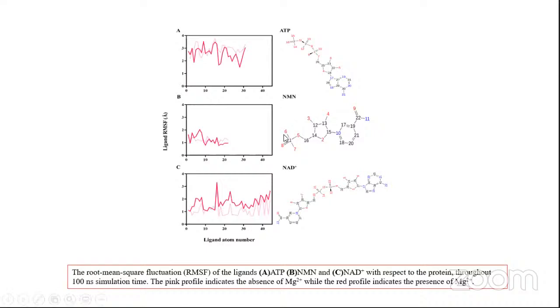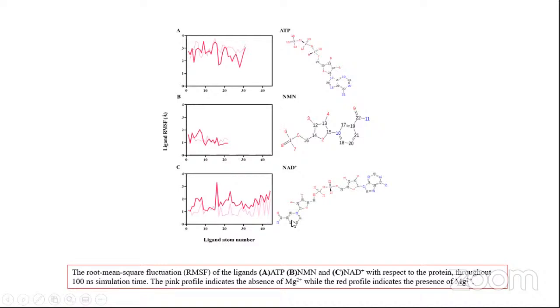So checking the RMSF of the ligand, ATP, we could see that ATP is actually dynamic amongst all the ligands. It's fluctuating between 2 and 4, which is higher compared to the others.